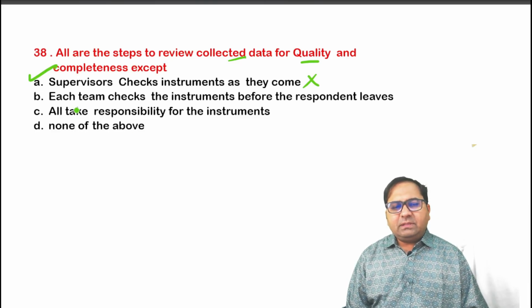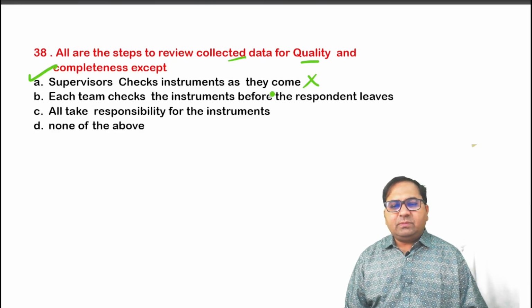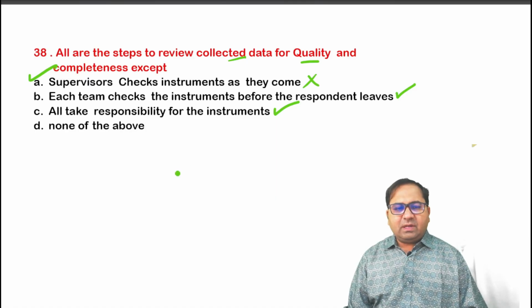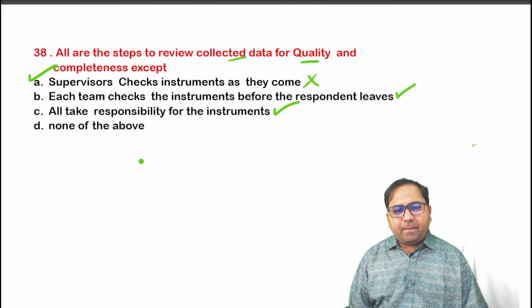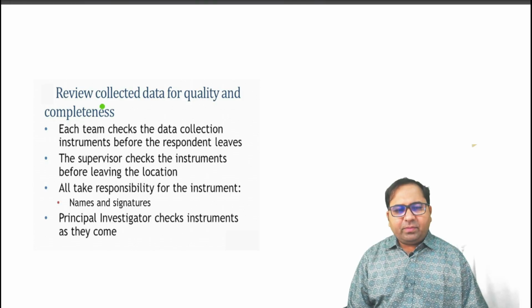The rest of the statements, like each team checks the instruments before the respondent leaves, yes, this is a true statement. And all of them take the responsibility for all the instruments, yes, even this is a correct statement, but not the first statement. See over here, review the collected data for quality and completeness. Each team checks the data collection instruments before the respondent leaves.